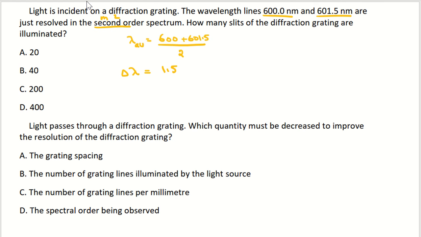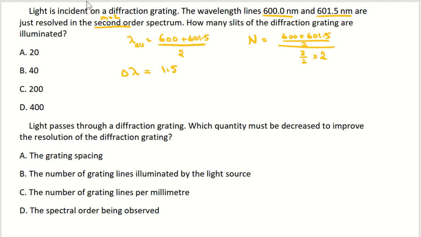So this is m. So to find n in this case, it's the average, which is this, over 2. So approximately it's 600, divided by 1.5, so divided by 3 over 2, okay? And multiplied by 2.